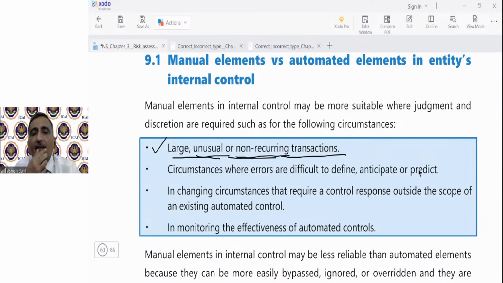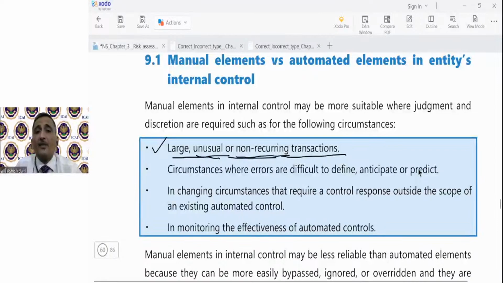So in such cases, manual controls, manual elements may be more suitable, because in such cases human judgment is involved कि उसकी आपको अकाउंट्स में ट्रीटमेंट क्या करनी है, how business acquisition is to be recorded, or how business disposal is to be recorded in financial statements. So in such cases where large, unusual or non-recurring transactions happen, in such cases manual elements may be more suitable.